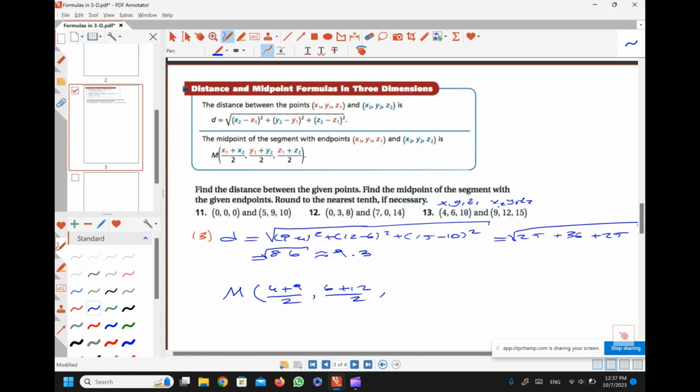Your z's are 10 and 15. 10 plus 15 over 2. 4 plus 9, 13. 13 over 2, 6.5. 6 plus 12, 18. 18 over 2, 9, comma. 10 plus 15, 25. 25 over 2 is 12.5. So this is your midpoint.